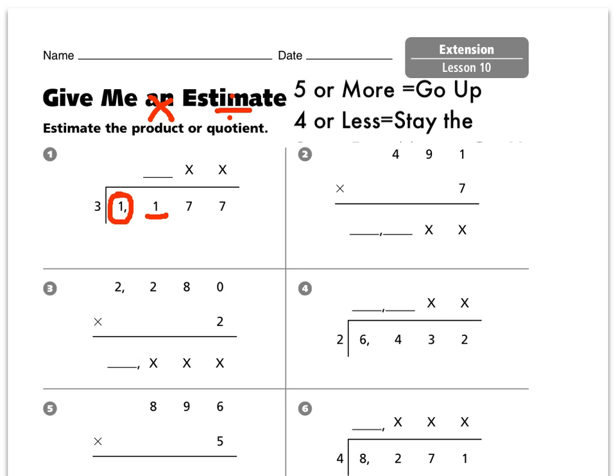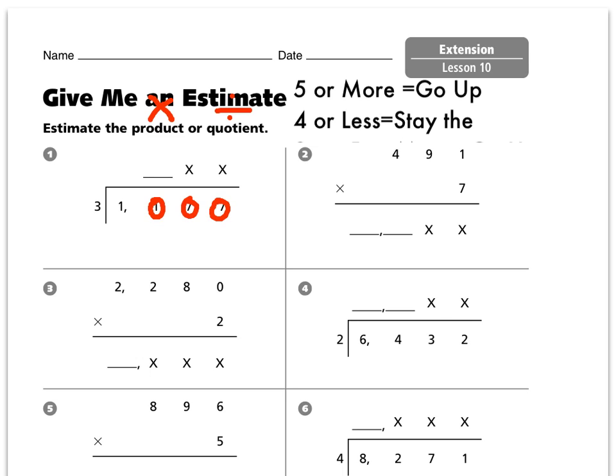The boss needs to decide, am I 5 or more or 4 or less? By thinking, the boss for this one says, I am 4 or less. So I'm going to tell the first one in the thousands place to stay the same. So the 1 stays the same, but everything after it's going to be zeros.